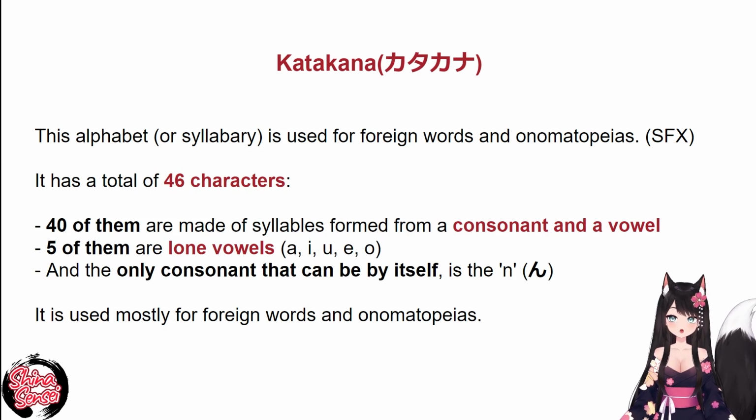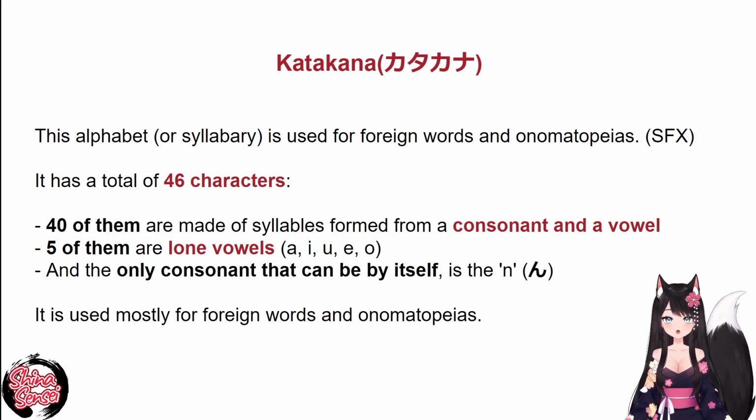Okay, so katakana and hiragana have a lot of similarities, even though they don't really seem like it. But it is mostly used for foreign words like names, foods, and stuff like that, and for onomatopoeias, basically sound effects. It has a total of 46 characters. 40 of them are made of syllables formed by a consonant and a vowel, like they were in hiragana. 5 of them are the long vowels a, i, u, e, o, and the only consonant that can be by itself is the n.